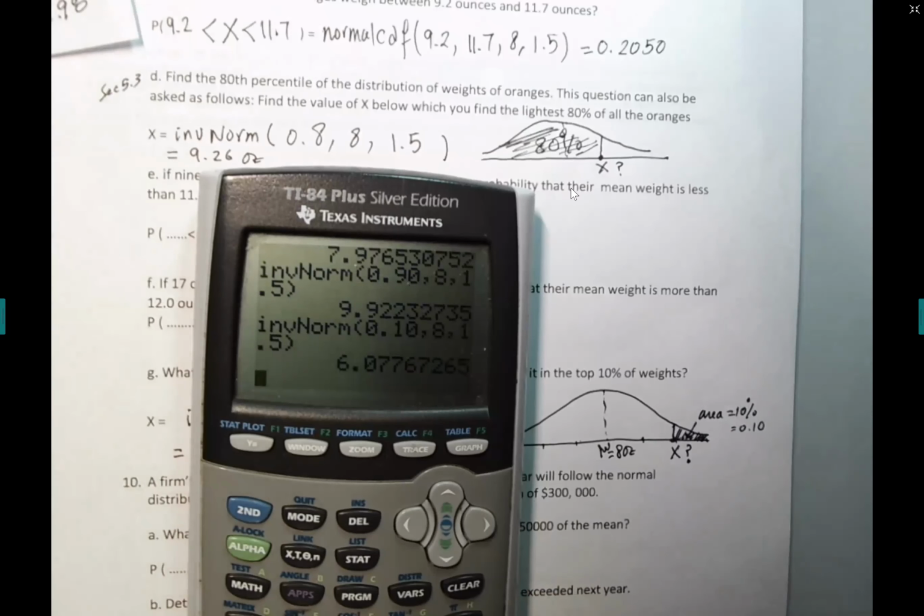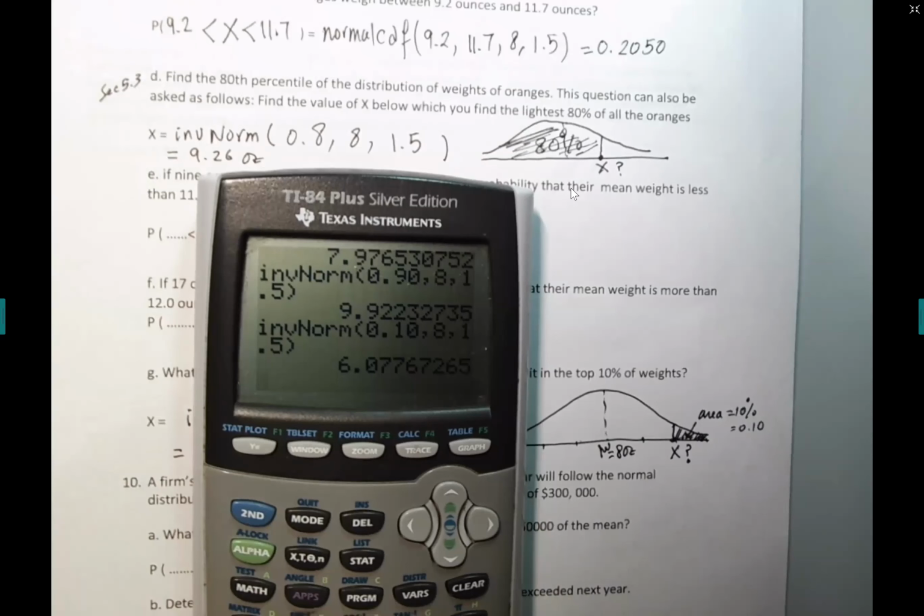Okay, 6.07 ounces. Where, guys, does common sense tell me that this is wrong? Can someone tell me? I should know from the answer itself that this is a wrong answer. How? Any feedback? Any comments, guys?